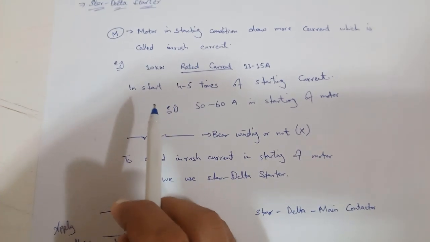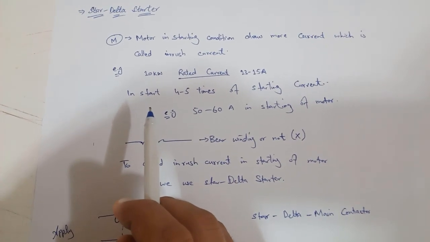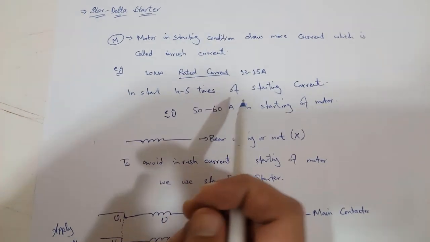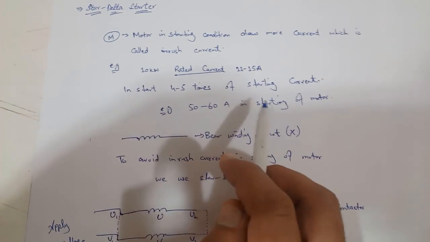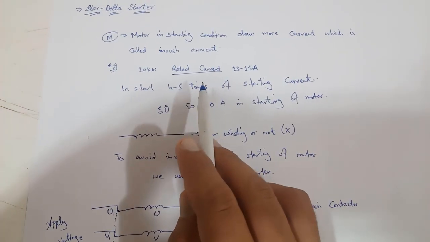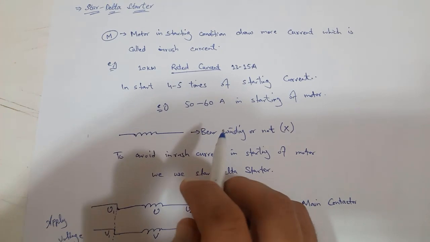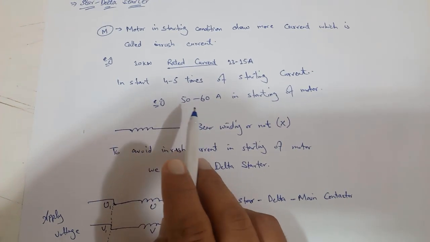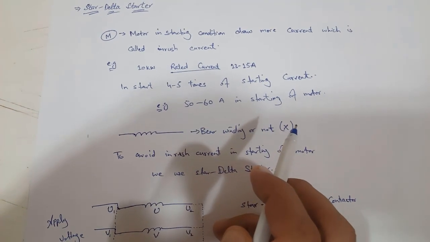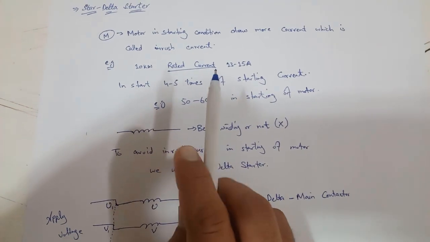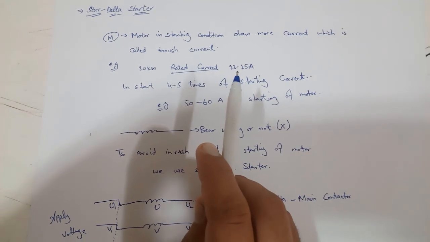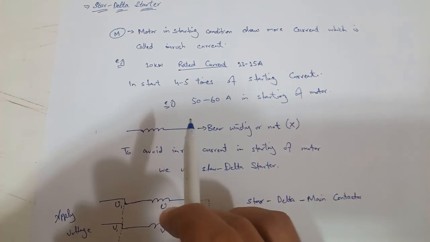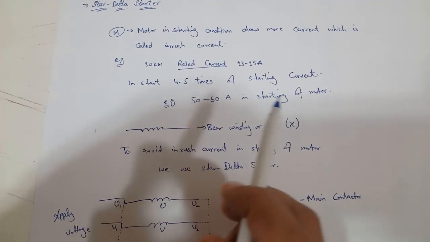So in starting, when we apply voltage to start that motor, it will draw more current, 4 to 5 times the rated current, which will be around 50 to 60 ampere, because if the motor's rated current is 13 to 15, then 4 to 5 times will be around 50 to 60 ampere.